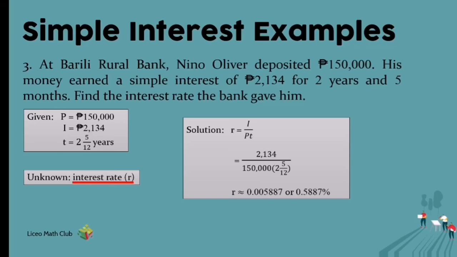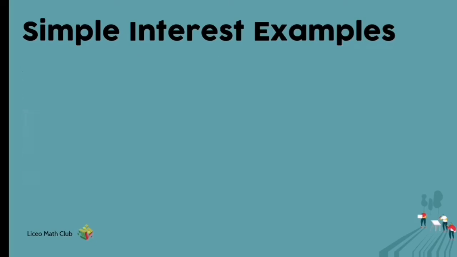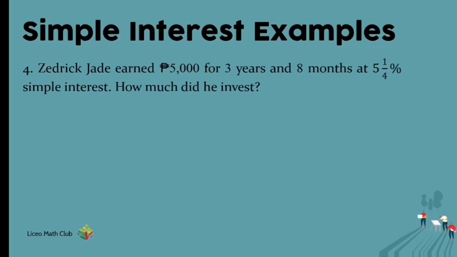We have our interest as 2,134 over principal, which is 150,000 multiplied by the time, which is 2 and 5/12. Simplify and we have our rate, which is 0.005887 or 0.5887%. Moving on to our last example.